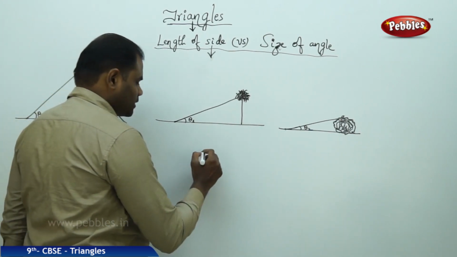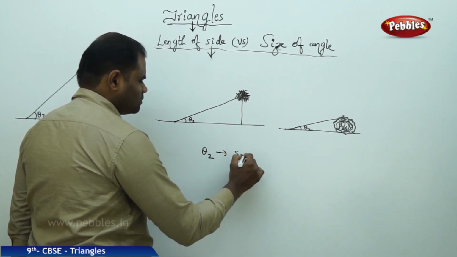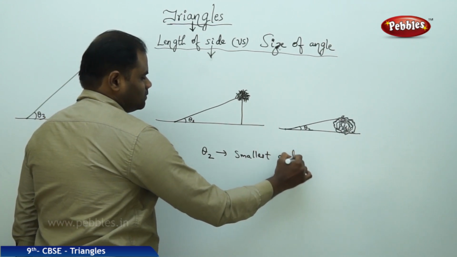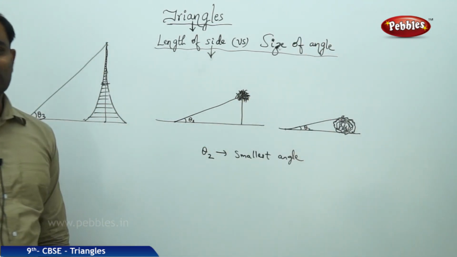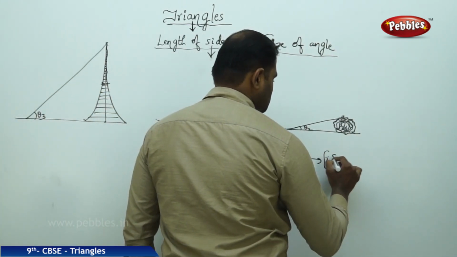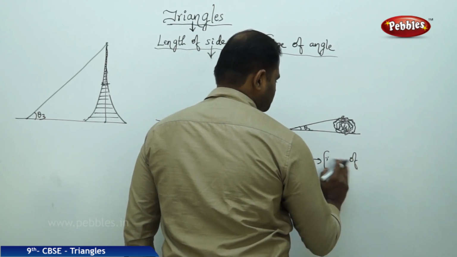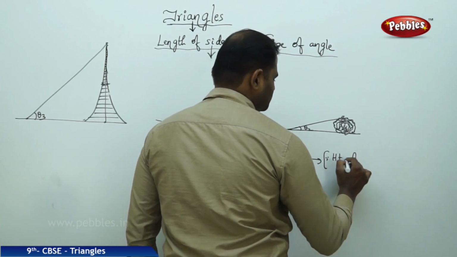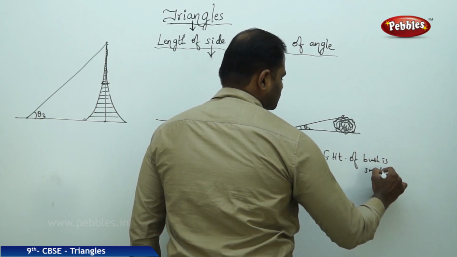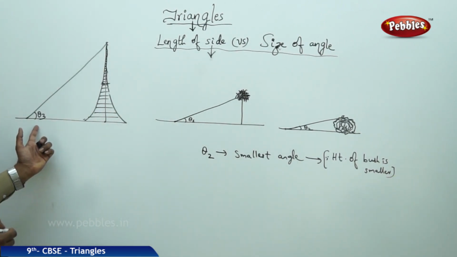Therefore, here I understand that theta 2 is the smallest angle, since the size or height of the bush is smaller, and theta 3 is the largest angle.